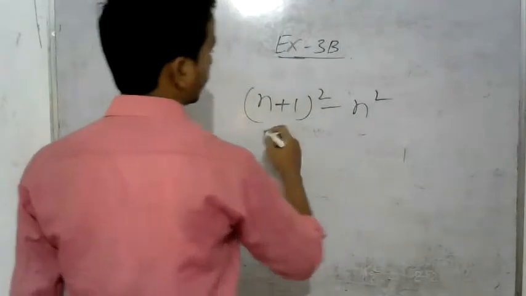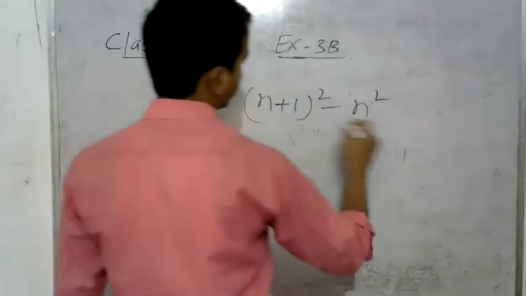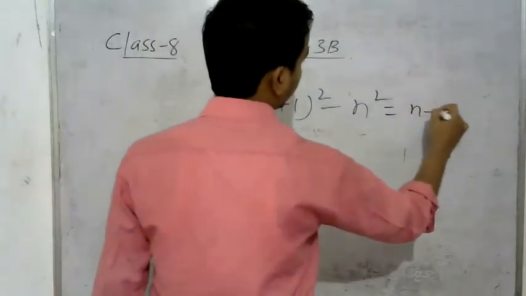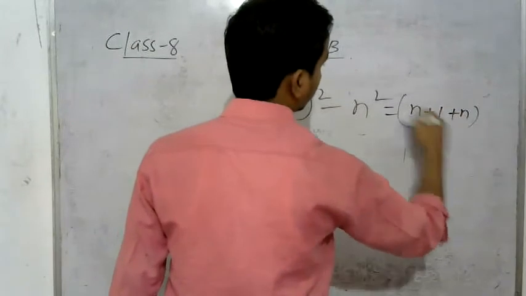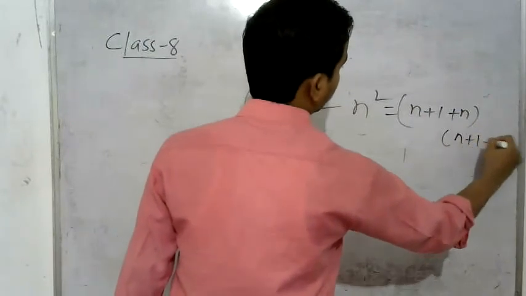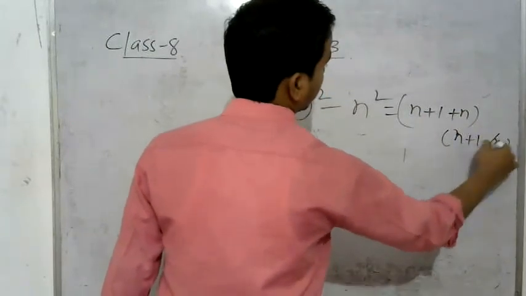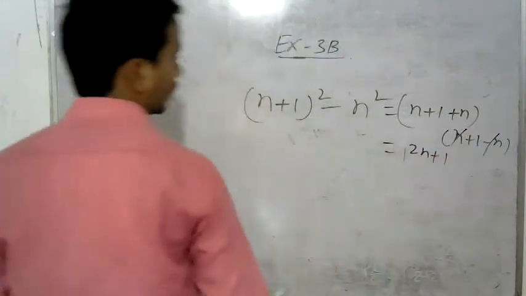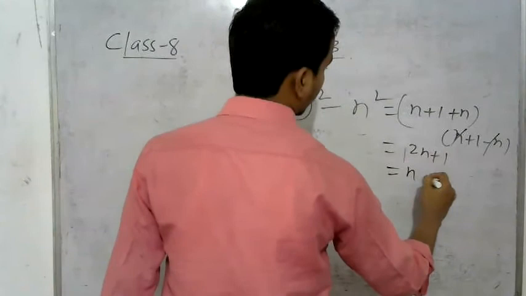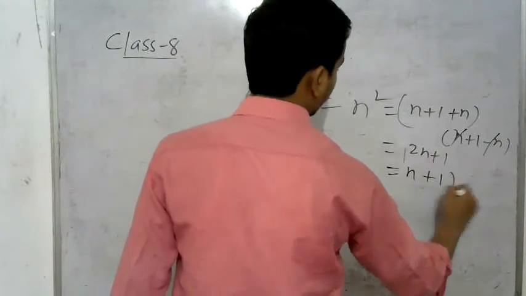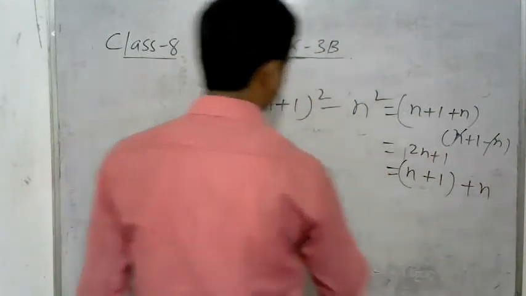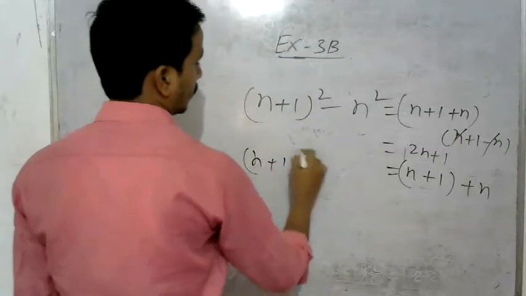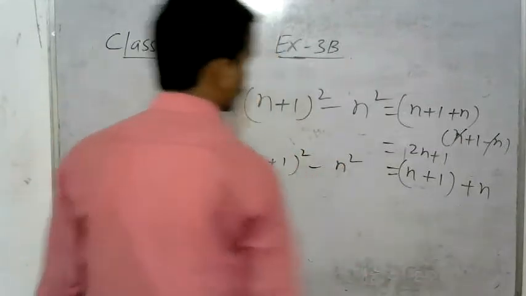We can write a plus b into a minus b, so this will be equal to n plus 1 plus n into n plus 1 minus n. This n and n will cancel and it will become 2n plus 1, or you can write n plus 1 plus n. So n plus 1 whole square minus n square is equal to n plus 1 plus n.